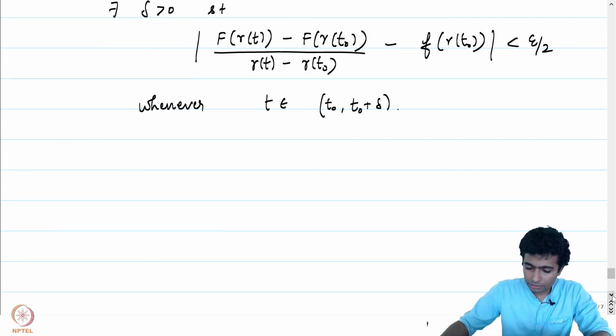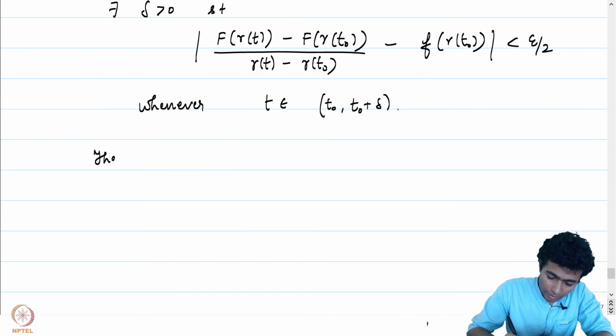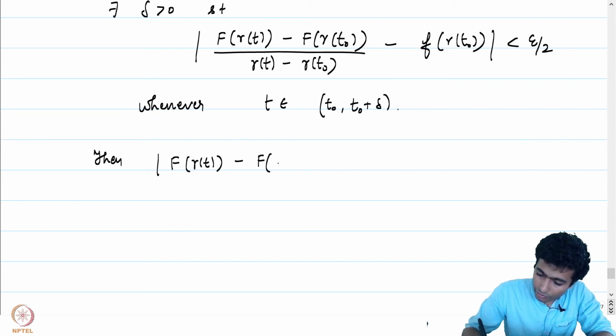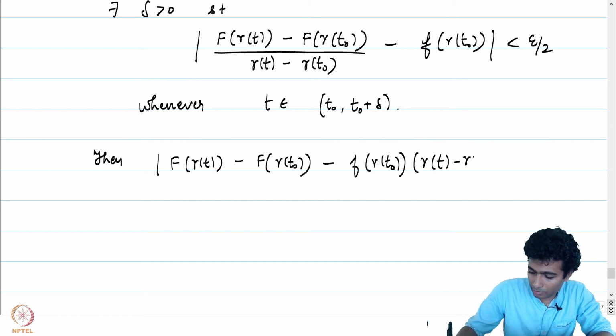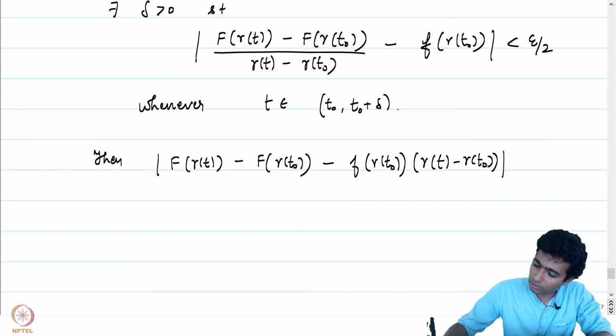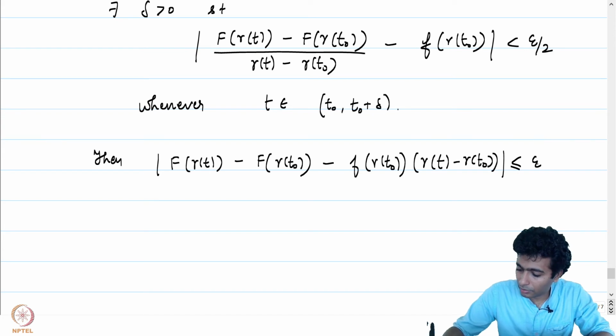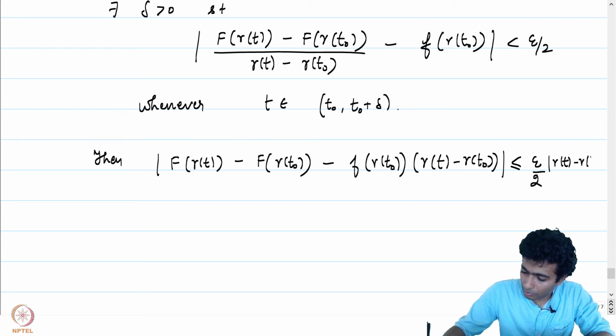And rewriting this, what do we have? Then the absolute value of capital F of gamma of T minus capital F of gamma of T naught minus F of gamma of T naught into gamma of T minus gamma of T naught is less than or equal to epsilon by 2 times the absolute value of gamma of T minus gamma of T naught.